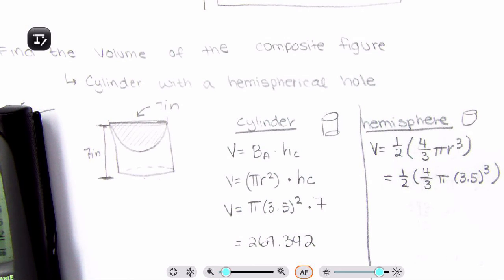Do the same thing here. I have 4/3. Let's do the 3.5 cubed first. Then I'm going to multiply by pi. Then I'm going to multiply by 4/3. And lastly, I'm going to divide by 2. And I get 89.797.